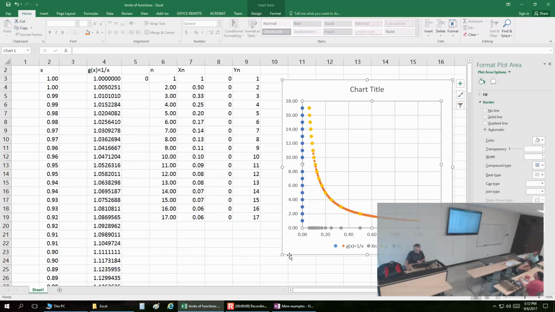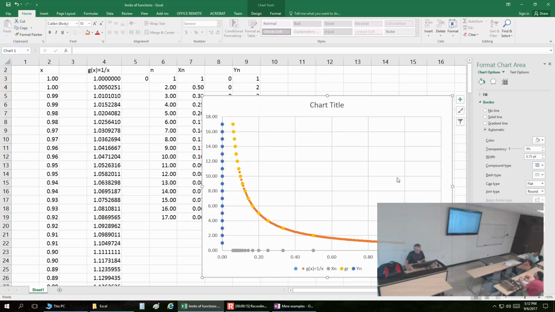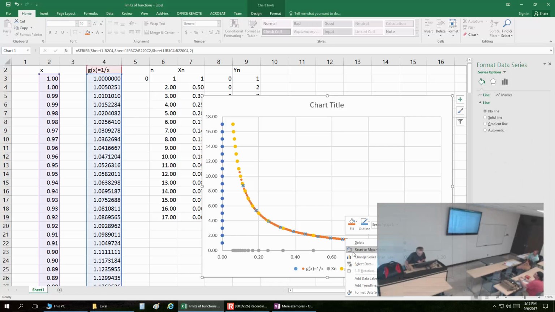Let me make it slightly larger so I hope you can see what's going on. First of all, starting with the orange, that is the graph itself. It's kind of incomplete, the orange. In fact, maybe I'll make it thinner.